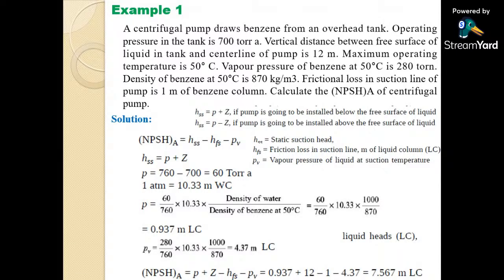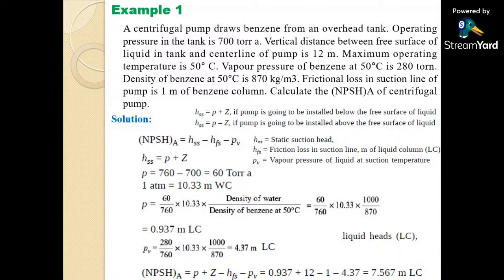So we can write this similarity relationship and it could be extended as HW rho W g is equal to HB rho B g. So g from both the sides it is the constant.